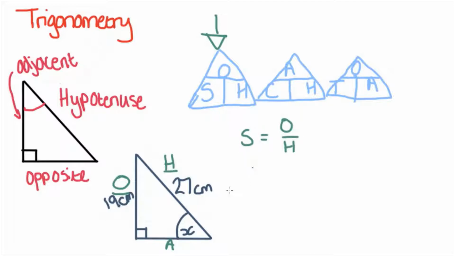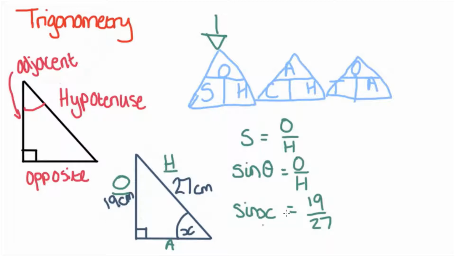Now what does S actually stand for? It stands for sine theta, where theta is the angle. Now if we plug in our values, we know that sine of x, because our angle is x, is equal to 19 over 27.